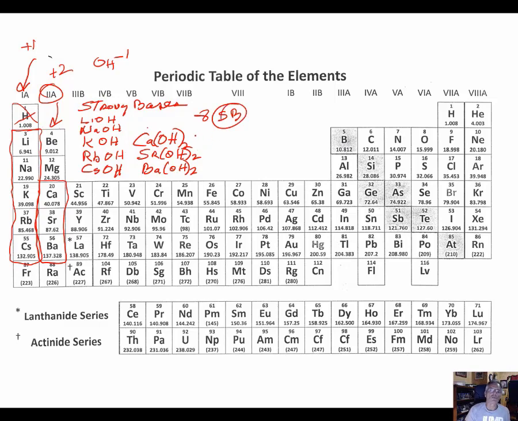And I need to make sure you understand that when calcium hydroxide and strontium hydroxide and barium hydroxide dissociate, they dissociate to calcium 2+, and we're putting them in water, and 2 discrete hydroxide ions in aqueous solution. And that'll be true for strontium and barium hydroxide as well. Just dissociate them in the same way. So this is a twofer for the strong bases.